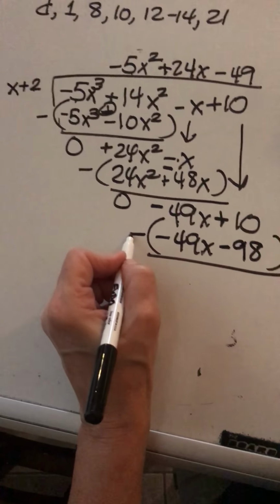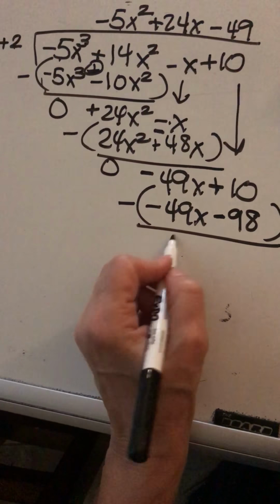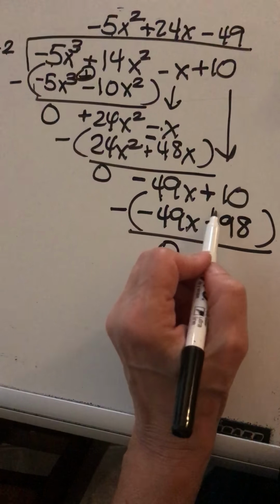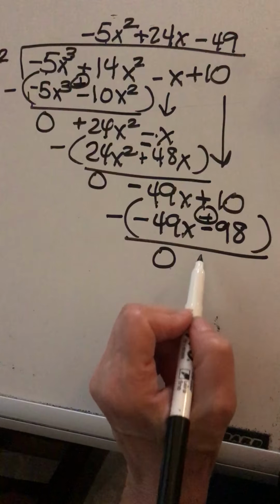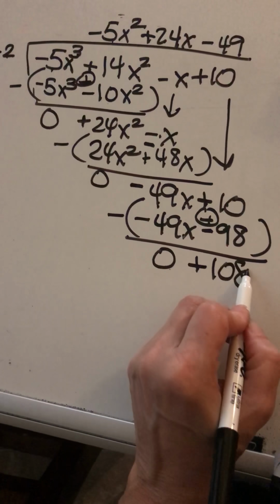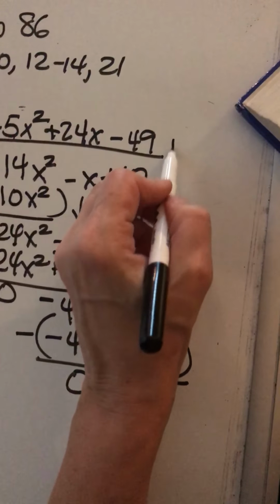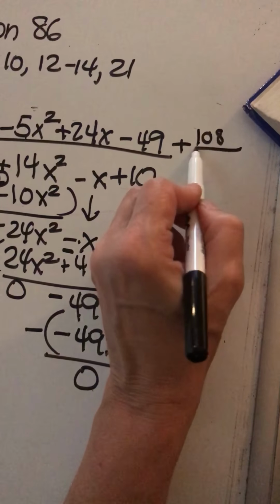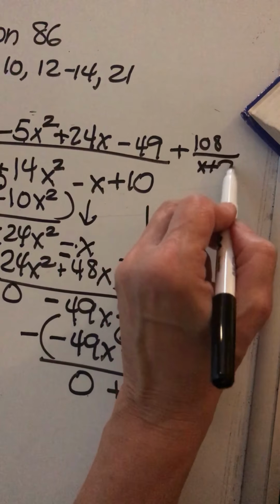I subtract. I'm left with 0 here. Minus a negative is a positive, so I end up adding 10 and 98, which gives me a positive 108, and that is my remainder, plus 108 over x plus 2.